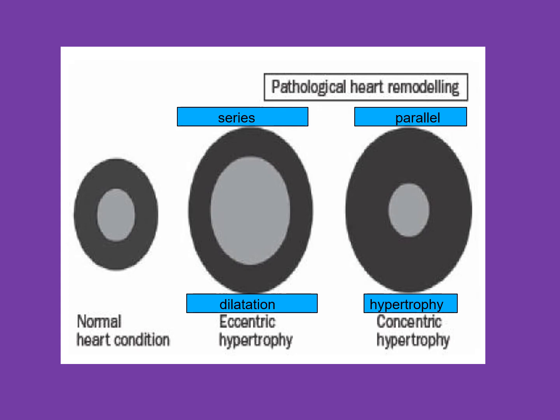Of course, this is not a general rule that the sequence would be hypertrophy then dilatation, such as in cardiomyopathy, when the heart would simply become dilated, or simply become hypertrophic. So just to emphasize, in dilatation of the heart, the myocardial cells are in series, while in hypertrophy, the myocardial cells are in parallel.